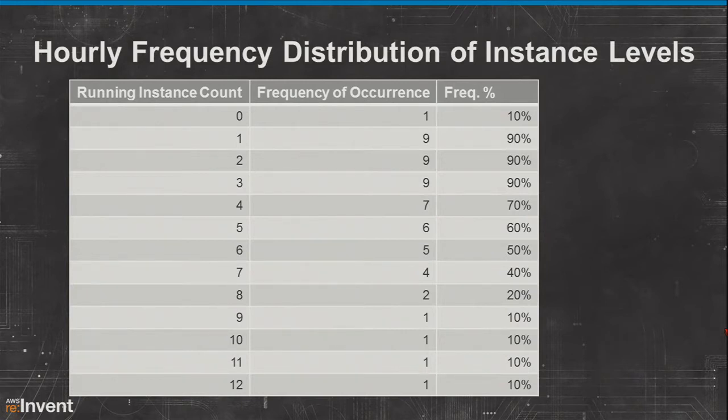So there were no instances running 1 hour of the month, which, remember, is a 10-hour month, so that's 10% of the time. There was 1 instance running 9 hours of the month, so 90%. So at least 1 instance running 9 hours of the month. There were at least 5 instances running 6 hours of the month, or 60%. So you kind of get this, right?